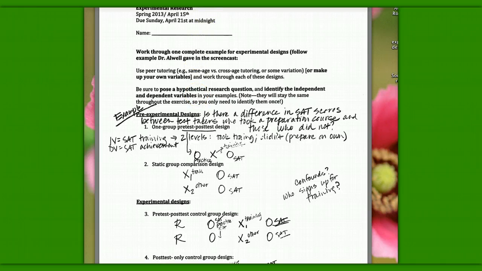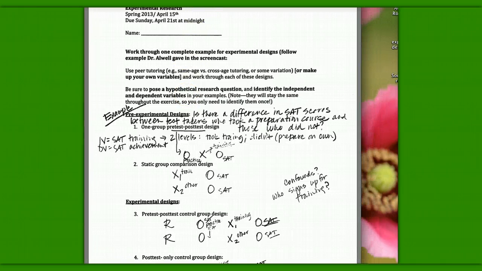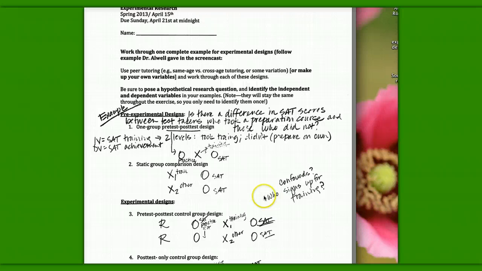Moving on, remember that the only confounding variable with the pretest post-test control group design is the testing effect, the effect of the pretest influencing the performance. So some learning happening as a result of the pretest influencing the post-test or the SAT score, and not just the training.